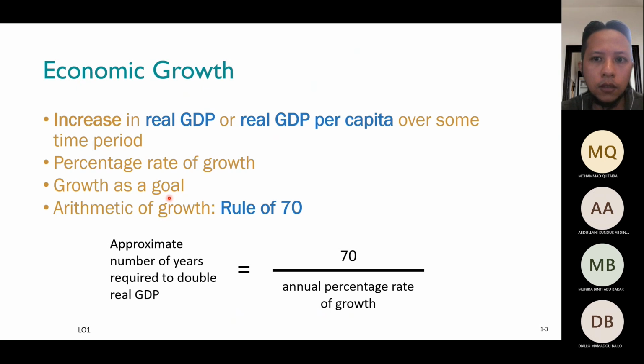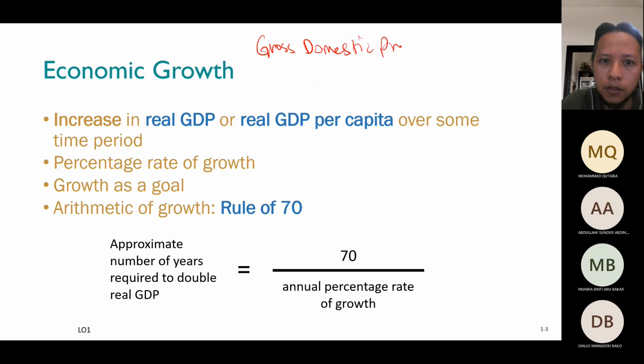So when we talk about economic growth, basically economic growth is the increase in real GDP or real GDP per capita over some time period. We will go through GDP much deeper later on, but basically GDP is gross domestic product.